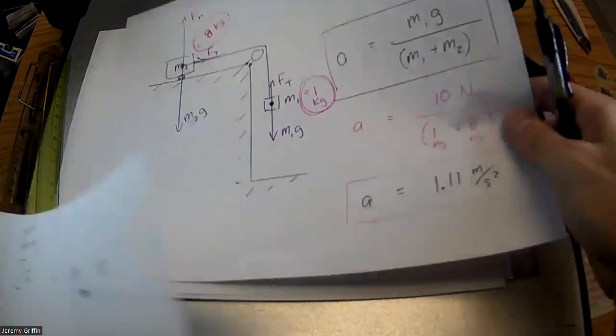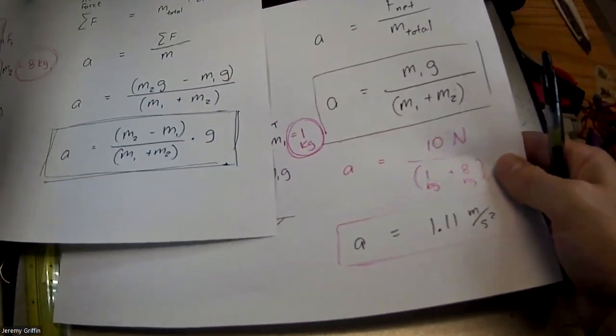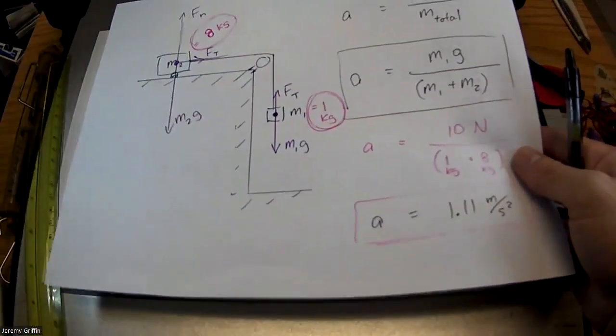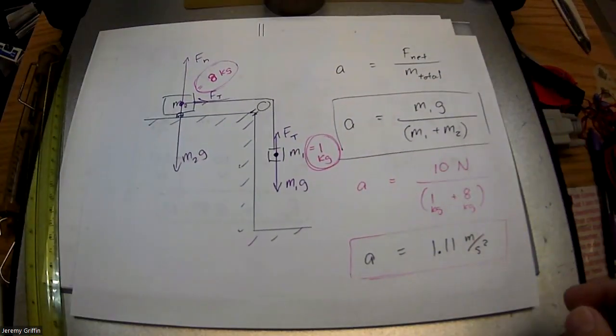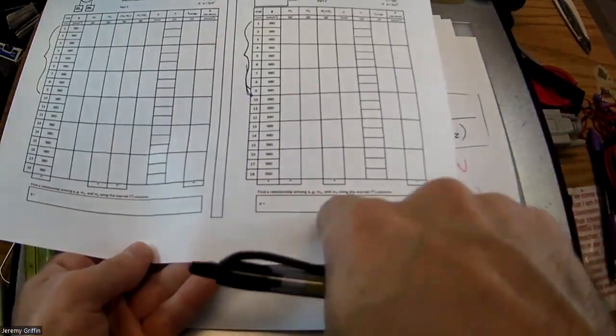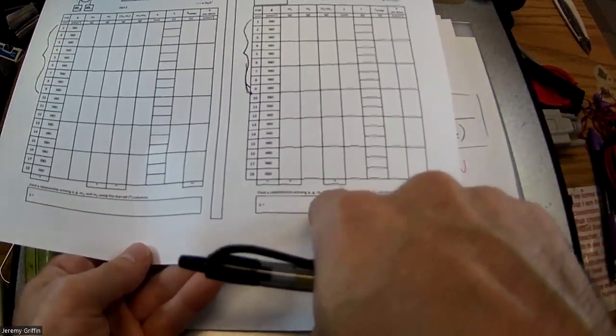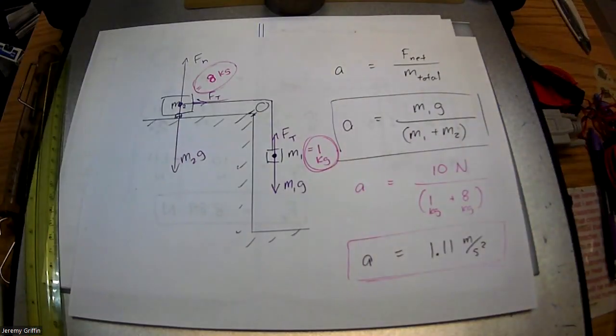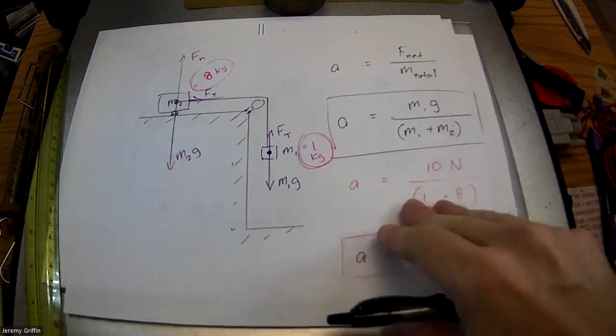I don't know if they fit on the same screen, but kind of side by side, see, they're a little bit different looking answers, right? You guys get it? So this answer was difference over sum of masses times G. This one was just the weight of M1 divided by the sum of the masses. A little bit different answers. Everybody right?